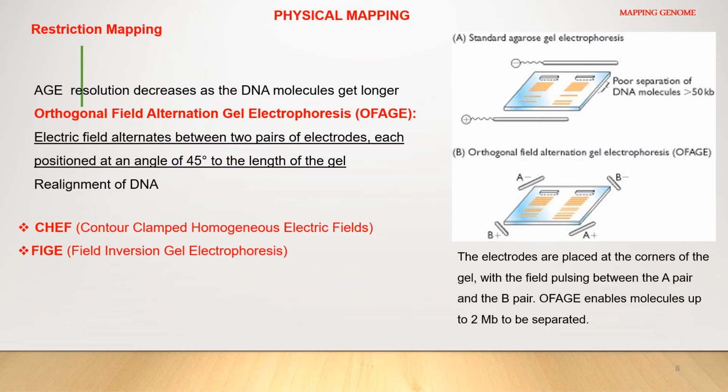The separation of the DNA fragments occurs, but realignment occurs on alteration of the electrode signals. This leads to proper separation of the segments. Some other ways are using contour-clamped homogeneous electric field methods and field inversion gel electrophoresis.